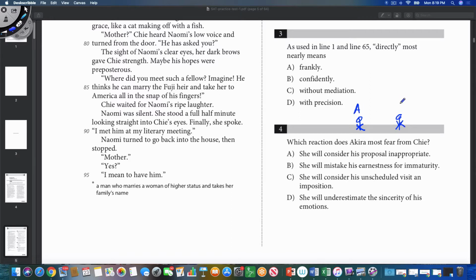I put A for Akira, C for Chi, and it looks like Akira is a little afraid of some reaction coming in from Chi's side. So a broken arrow with a zigzag in my case implies maybe a fearful reaction, or you can just put an exclamation and notify that as a fearful reaction. So I'm going to remember symbols like this.